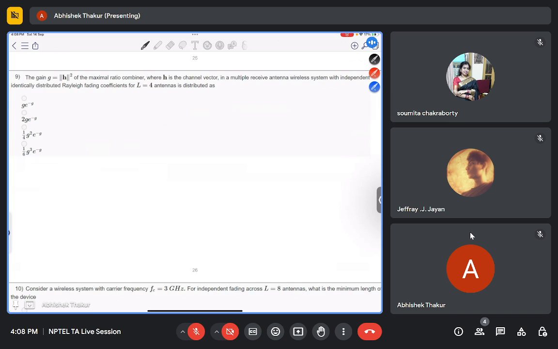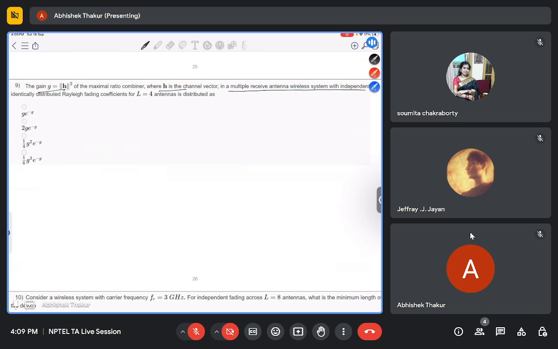Coming to the 9th question. The gain G of the maximal ratio combiner where H is the channel vector in a multiple receive antenna wireless system with IID Rayleigh fading coefficient for L is equal to 4 antenna is. So the probability density of G is given as e to the power of minus g, g to the power of L minus 1 divided by L minus 1 factorial.